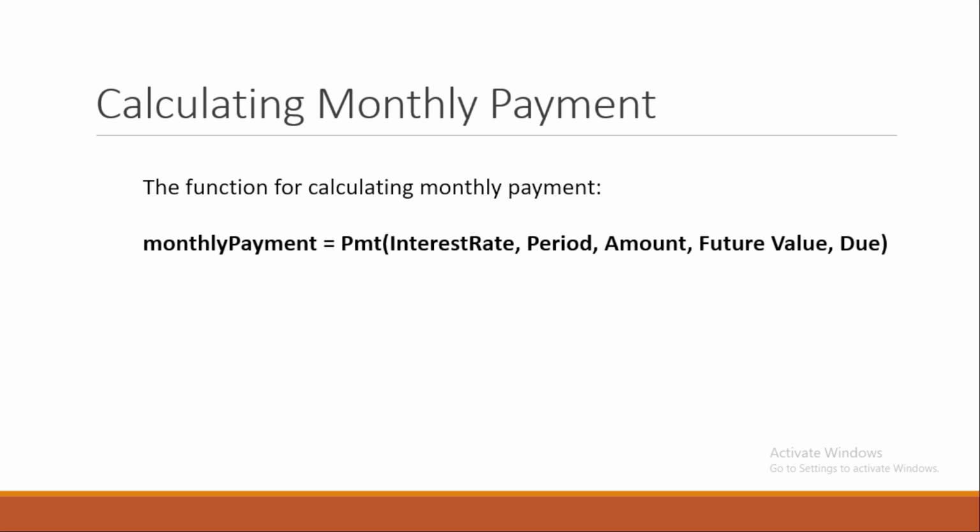The due in the formula specifies when payments are due. The value of the due can be one of the constants, which I will state now. It can be the due date, which could be at the beginning of a month or at the end of a month.